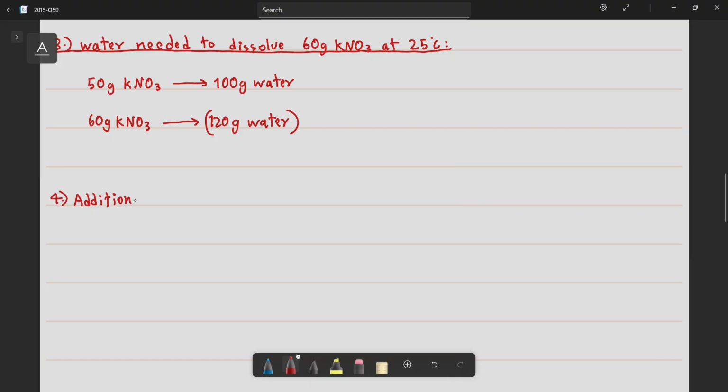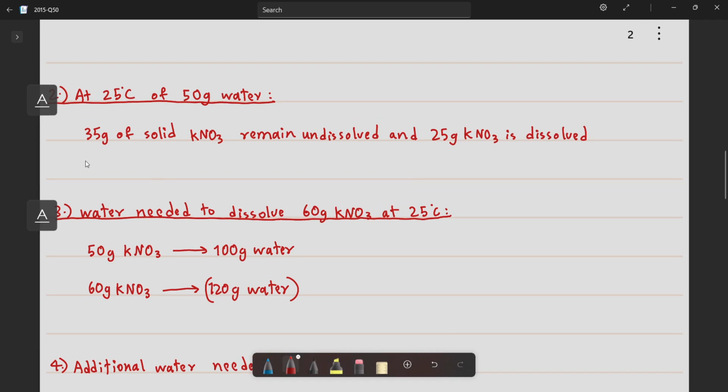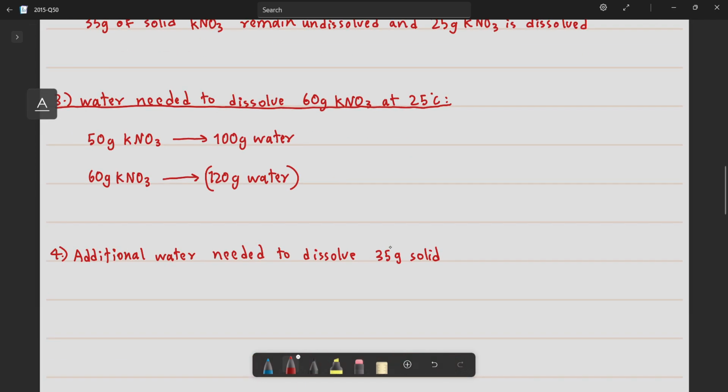Okay, so now the fourth step, that is additional water needed to dissolve the 35 gram solid. Okay, so in our previous calculation, we had 35 gram of potassium nitrate solid. So that's what we are going to find out in this part.